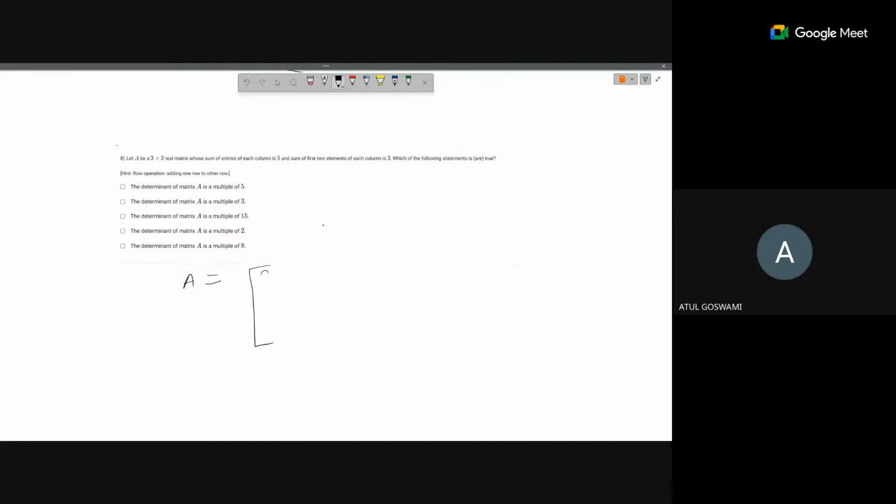If this is A, then this is 3 minus A. If this is B, then this is 3 minus B. If it is C, then it is 3 minus C. Is that clear? This is a 3 by 3 matrix, and in the last row, because the sum of the entire column is 5, what should this entry be?